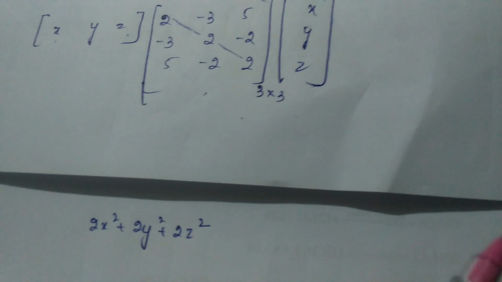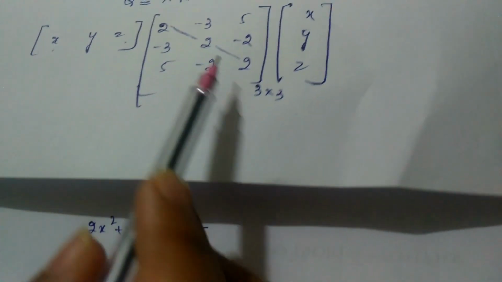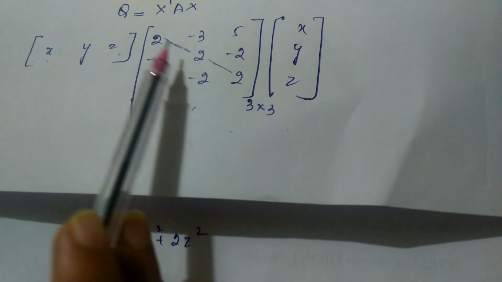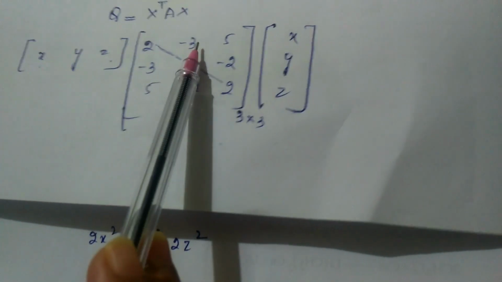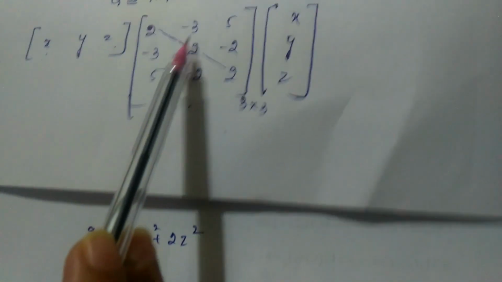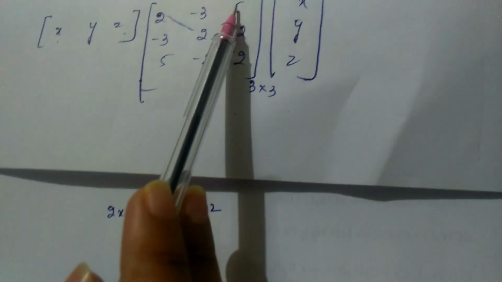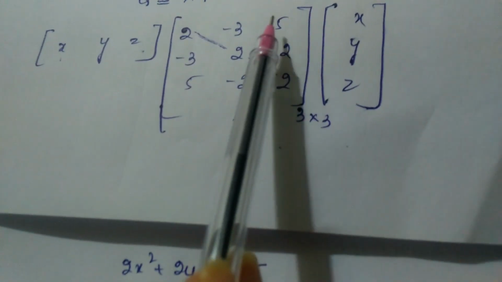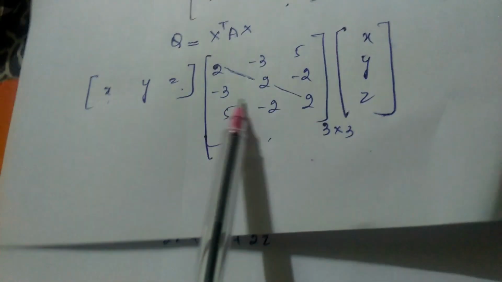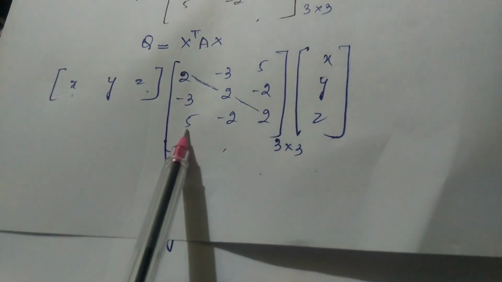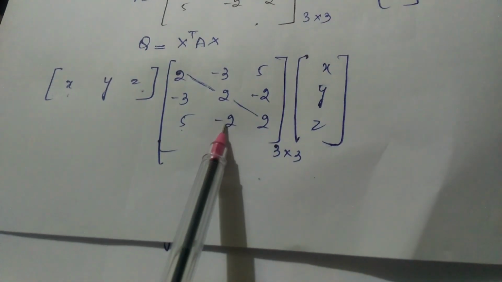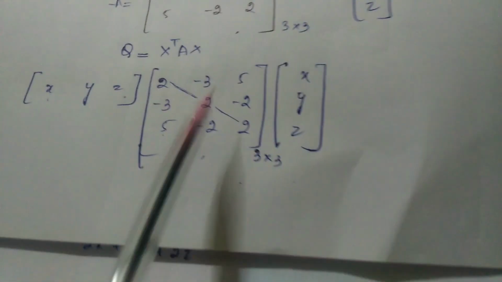Then we know this is the coefficient of xy, this is the coefficient of xz, this is the coefficient of xy, this is the coefficient of yz, this is the coefficient of xz, and this is the coefficient of yz. So just write all the terms here.